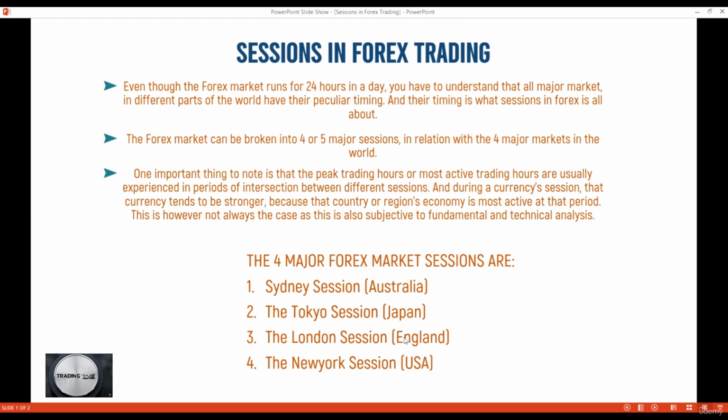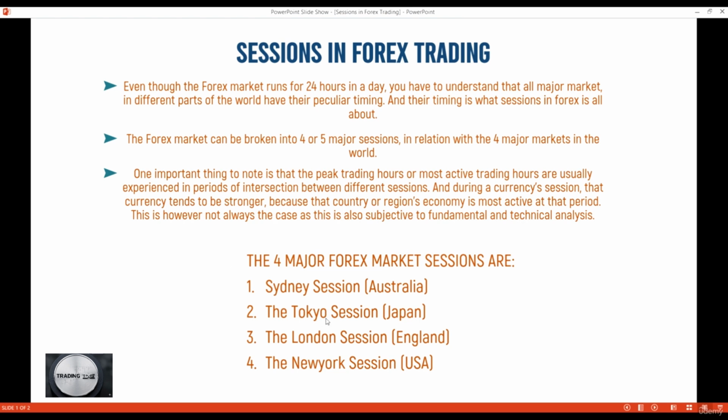The London session tends to affect the Great Britain pound, but it also usually affects the euro, because they are geographically close to each other, all being in Europe, and they behave alike.